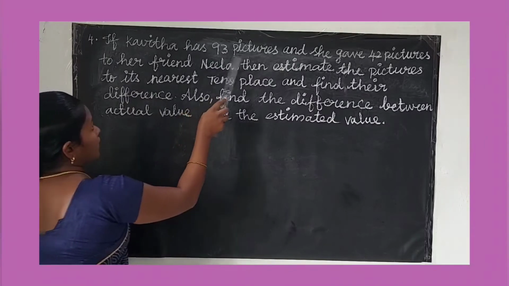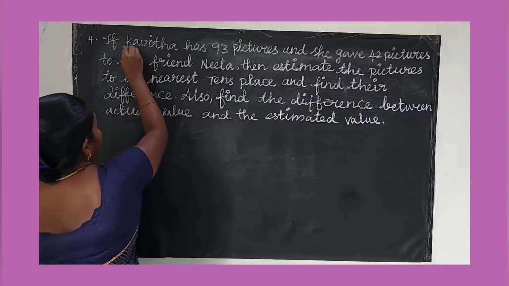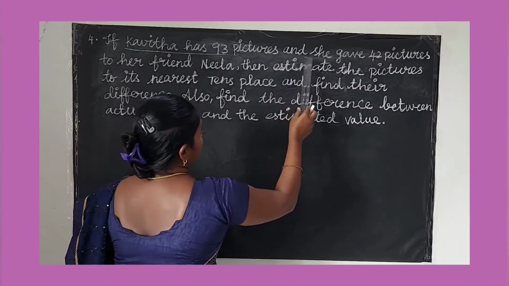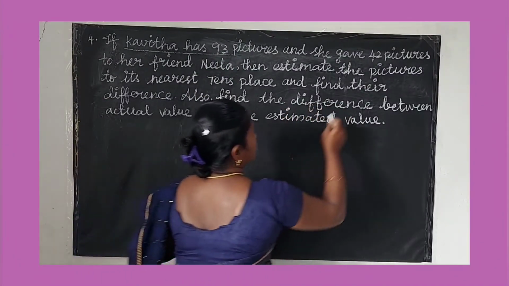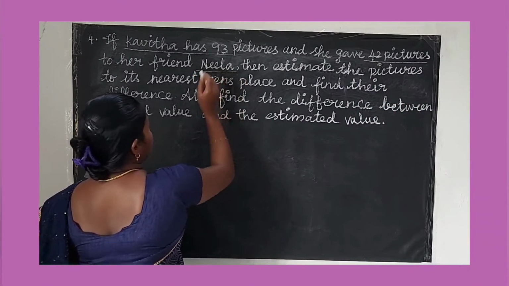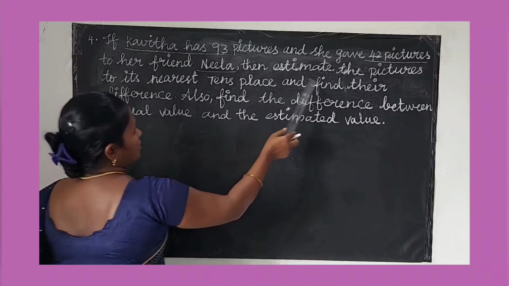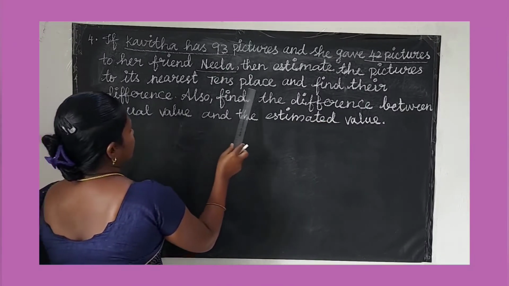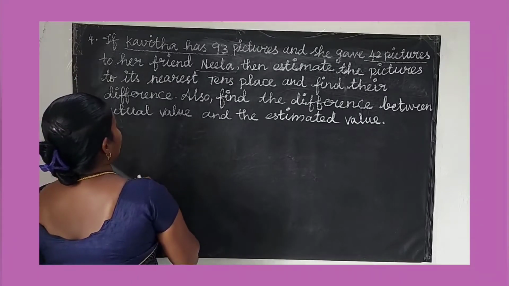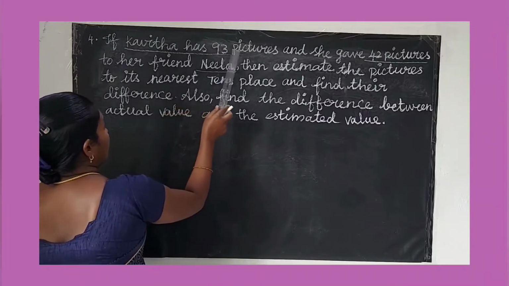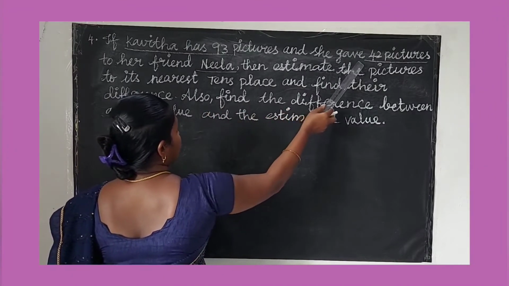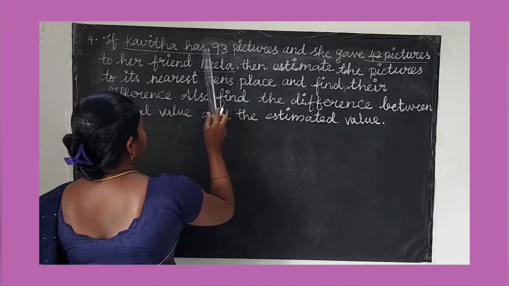Kavita has 93 pictures in total, and she gave her friend Neela 42 pictures. Then estimate the pictures to the nearest tens place value and find the difference. So in this question, the number of pictures Kavita has and Neela has are given.